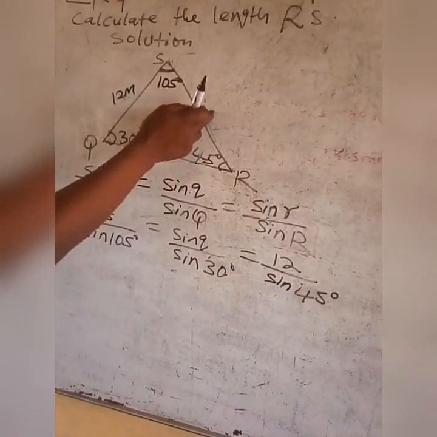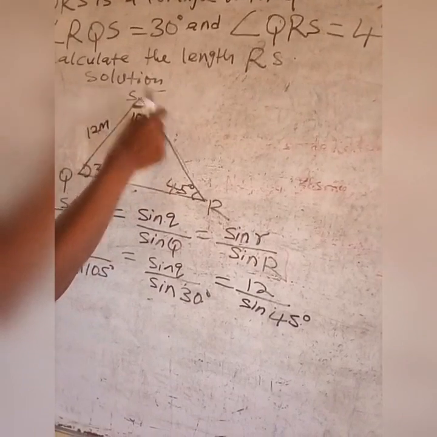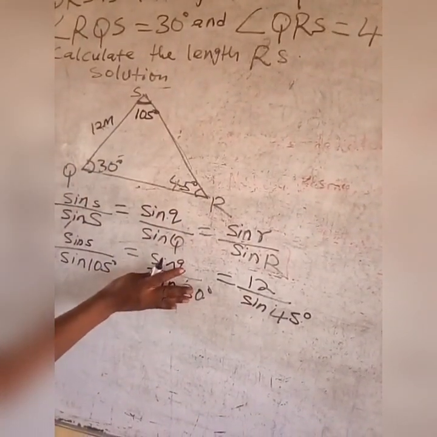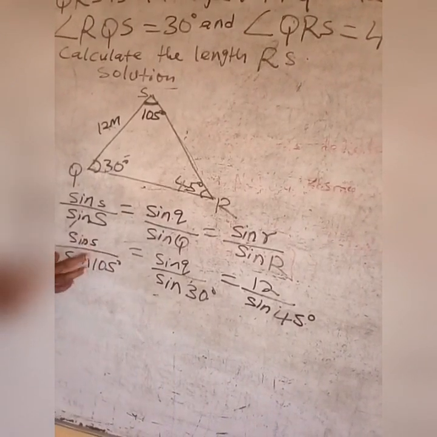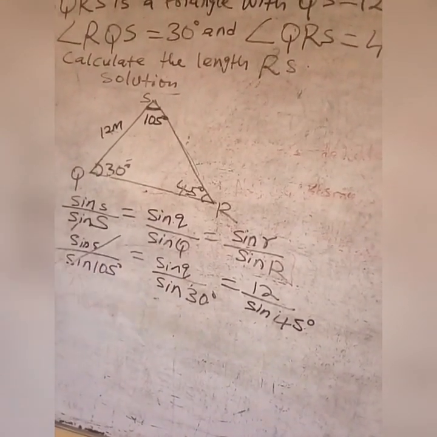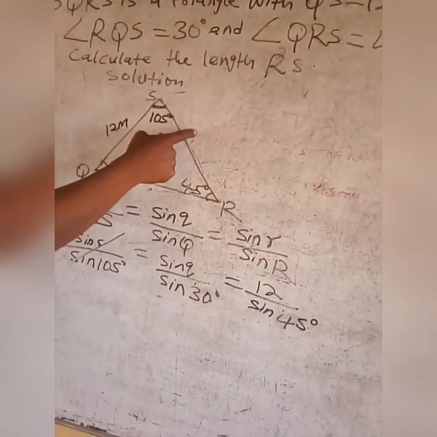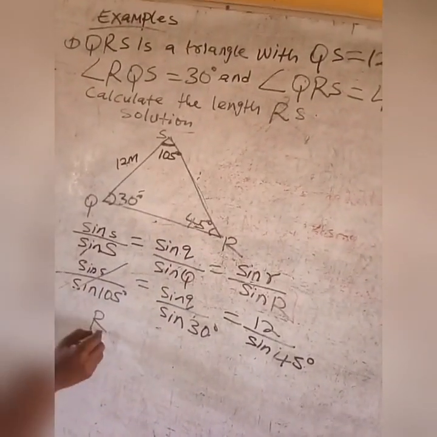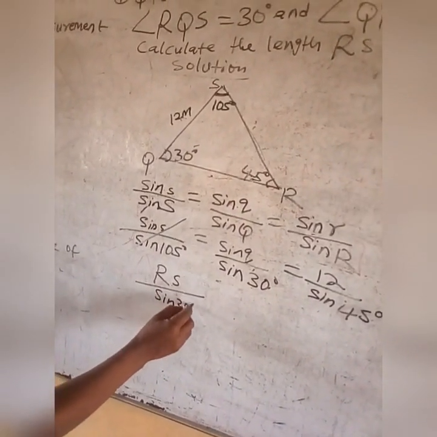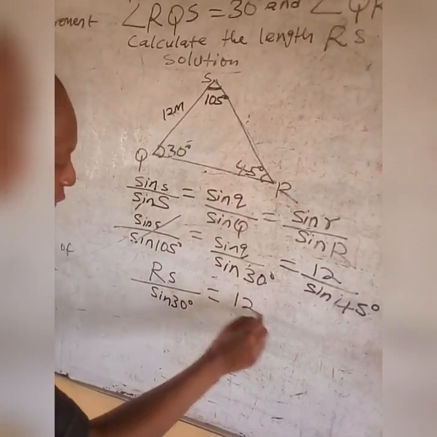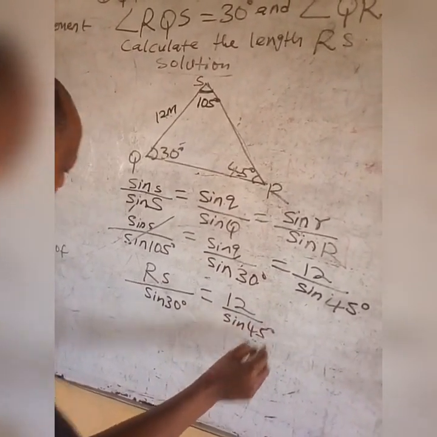Small q is that RS I'm looking for. I cannot use the first one because I have unknowns there. So what I'm going to use is RS over sine 30 degrees equals 12 over sine 45 degrees.